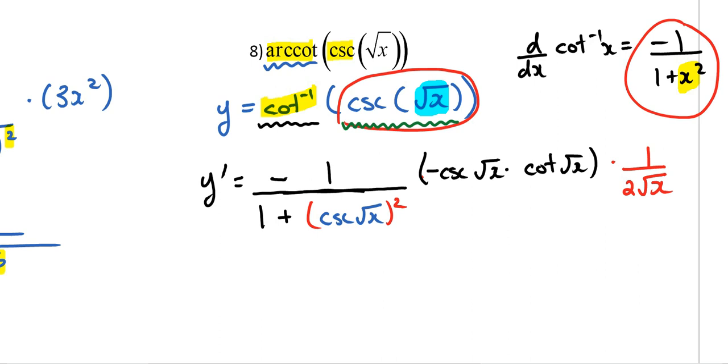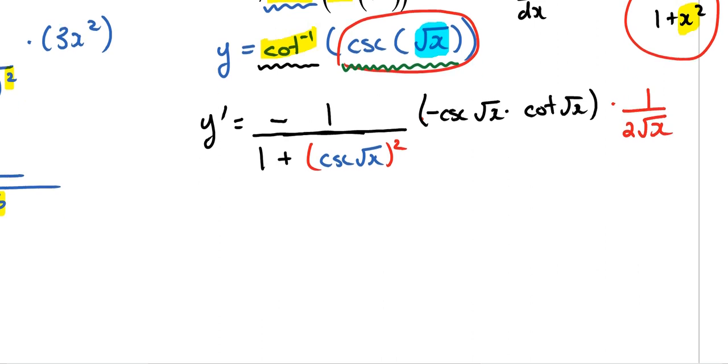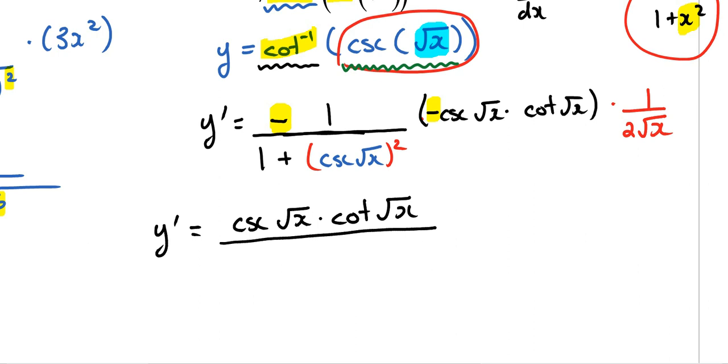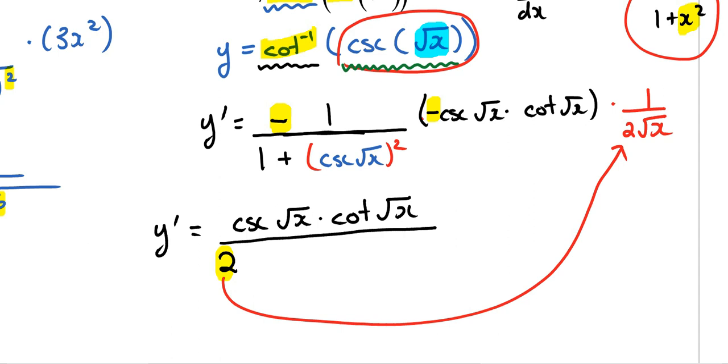Okay. And then if I go ahead and simplify this problem now, it's going to be y prime equals, well, on the numerator I have a minus sign at the beginning, and I also have a minus sign there, so that's going to be cosecant root x times cot root x, all divided by 2. And this 2, where is it coming from? That's just coming from this 2 right there. And then bracket 1 plus.